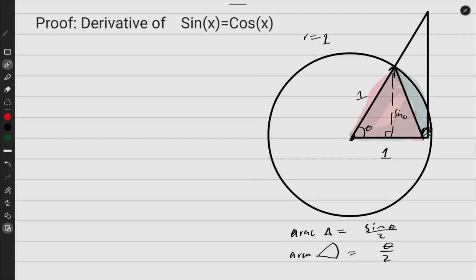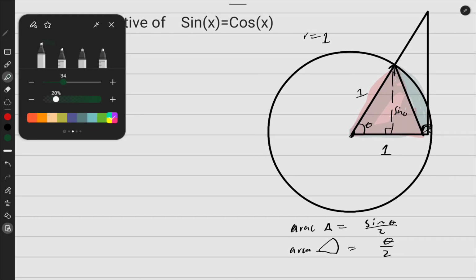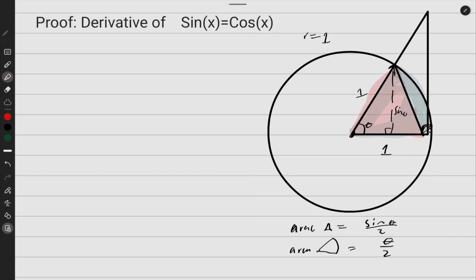Let me remove all this because we know that this area is theta all over 2. I'm also interested in another area: the area of the big triangle. I already know the base, and I need to find this height. Let me call this side K for explanation purposes. We say tan theta equals the opposite, which is K, all over the adjacent, which is 1.